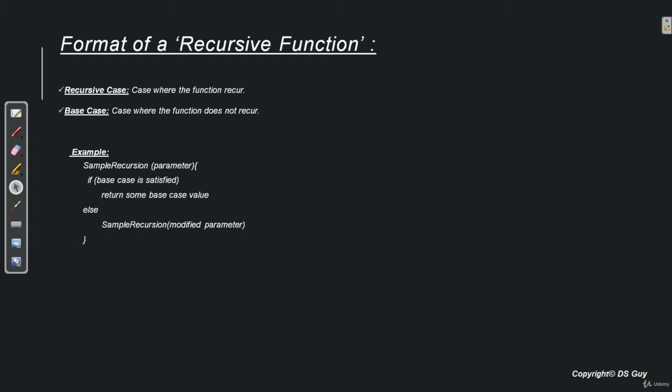In case of recursive case, we typically call the same method again with a different parameter. However, in base case, we typically return the method and it is normally a termination condition for a given method. So I hope you would have understood what is the format of a recursive method.